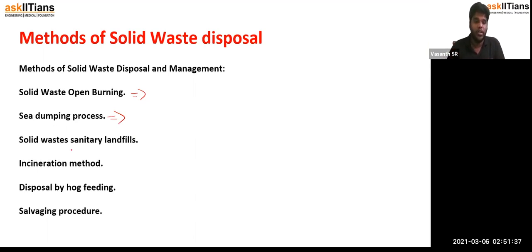In sanitary landfills, solid materials are piled layer after layer and allowed to undergo constant decomposition. The incineration method is another method where they take the solid material and burn it.